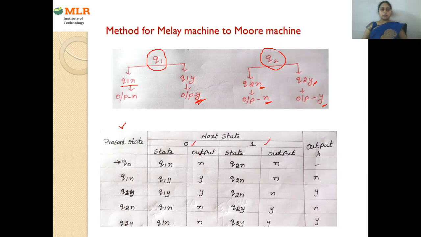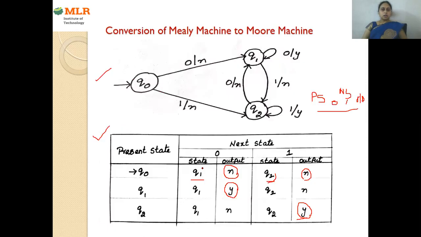For that, the columns are state and output for 0, and state and output for 1. Now Q0 on 0 goes to Q1 and the output is N. Now for Q1, we are going to have two different outputs on the same state.